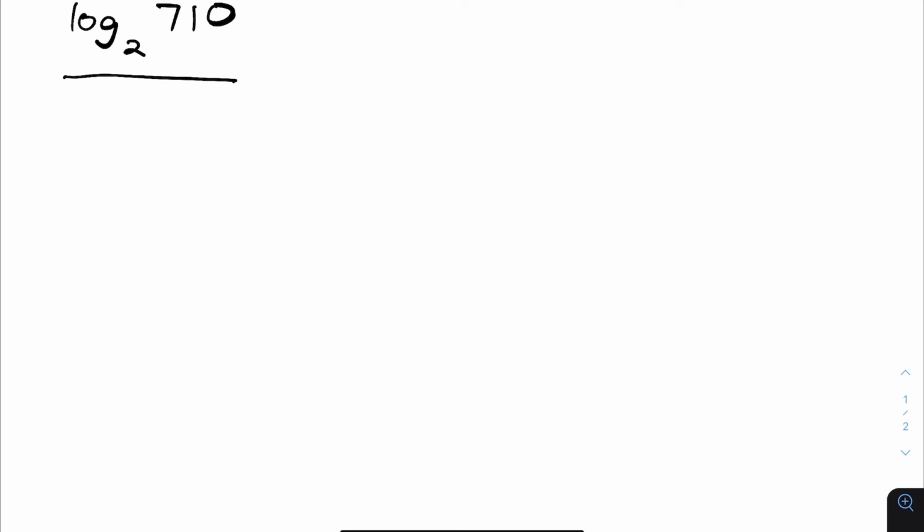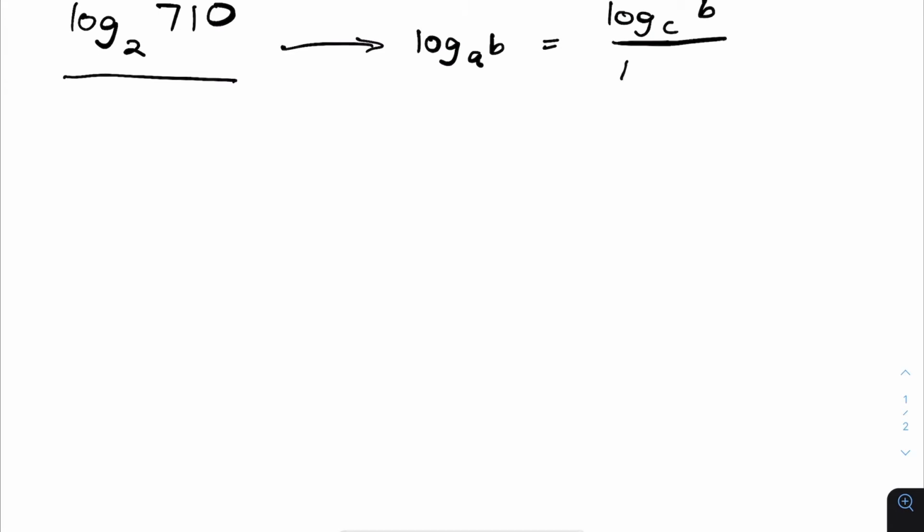We use something called the change of base rule, which means we can write something like log A B as log C B over log C A, where C is any base that you want it to be.